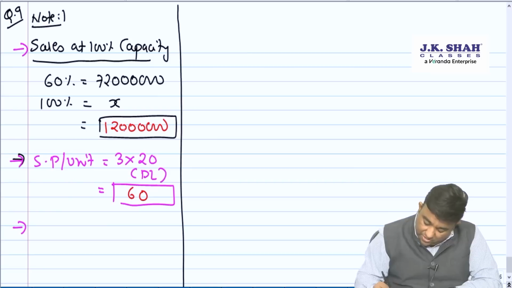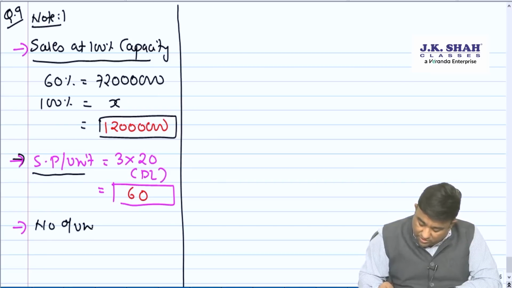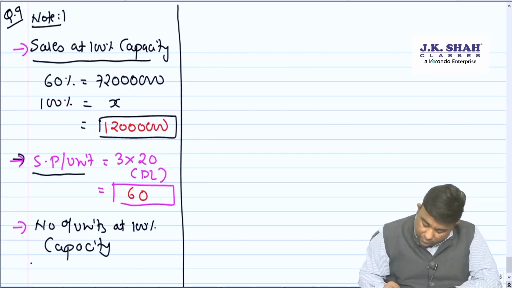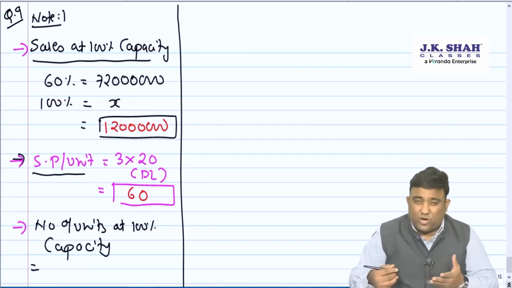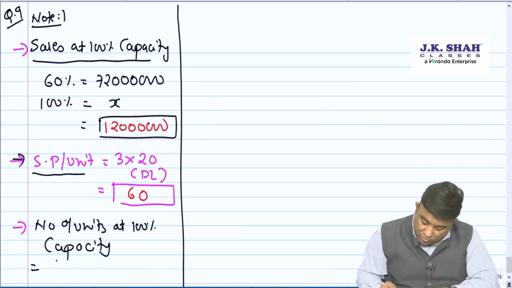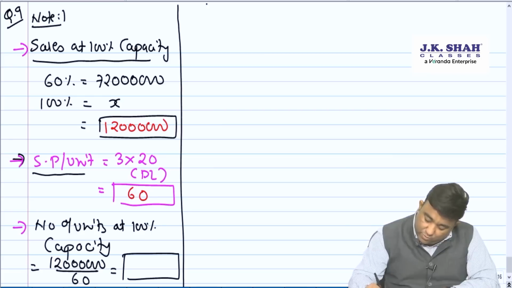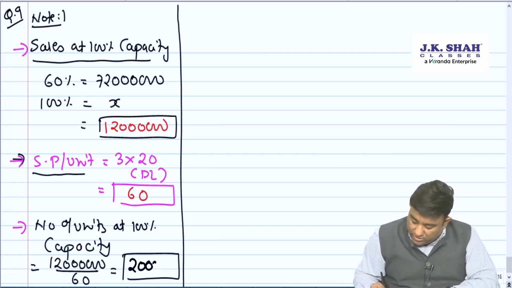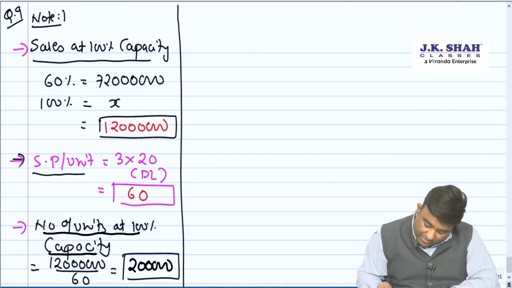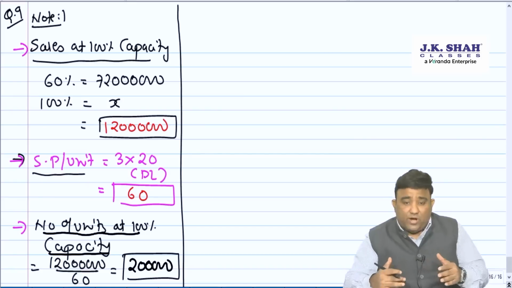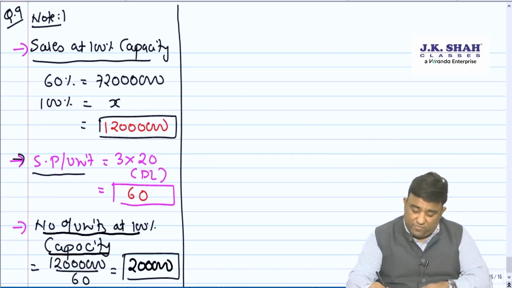So I can say the number of units at 100% capacity is just not required, but I'm just trying to make the points clear to you: 1 crore 20 lakh divided by 60. So the company can produce and sell 2 lakh units at 100% capacity. Clear? This is what the first paragraph has to offer.